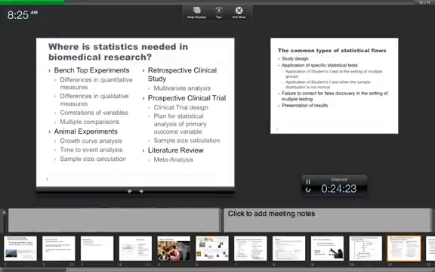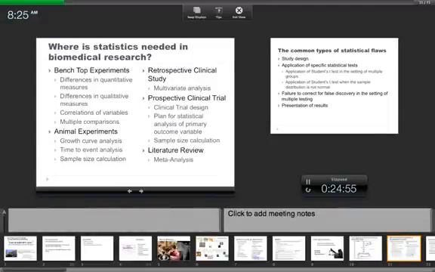For example, in benchtop, when you're talking about whether something is different, you evaluate the differences between two groups in quantitative measures, or evaluate differences in qualitative measures, or whether two variables correlate with each other, or between the two groups, with many different variables, are they different from each other, and which one is different and which is not different.